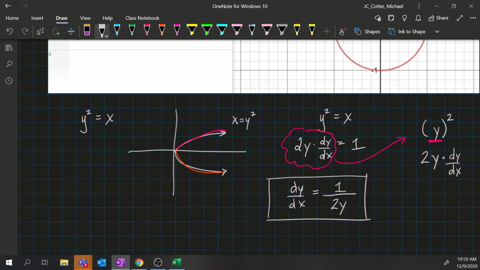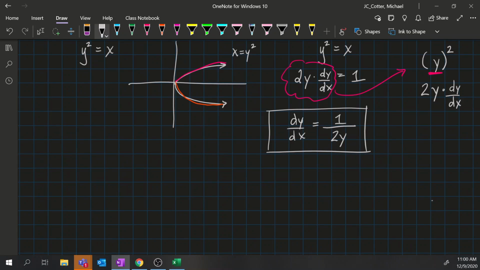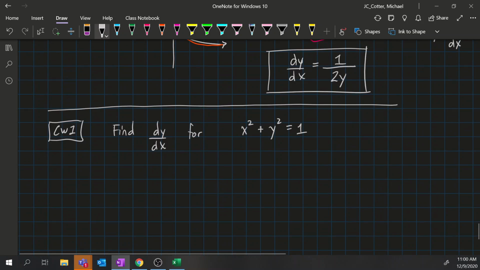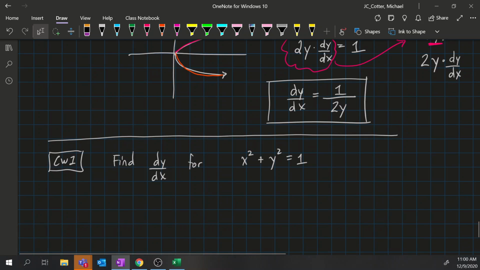Okay, so let's do that same thing with the unit circle. So we're going to make this a classwork. And this is classwork 1. So we're going to find dy dx for x squared plus y squared equals 1. So what's the derivative of x squared?